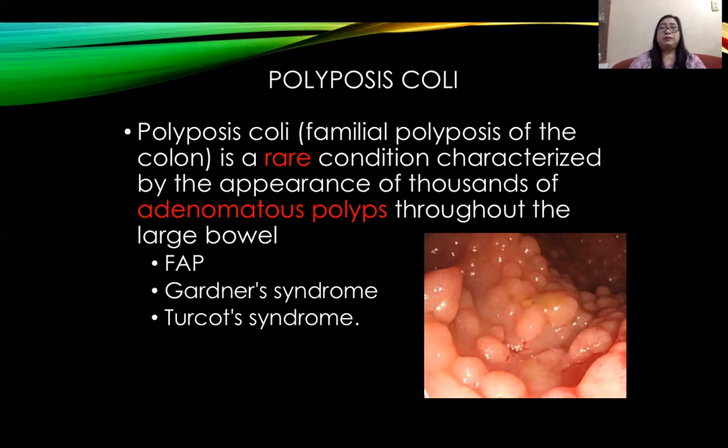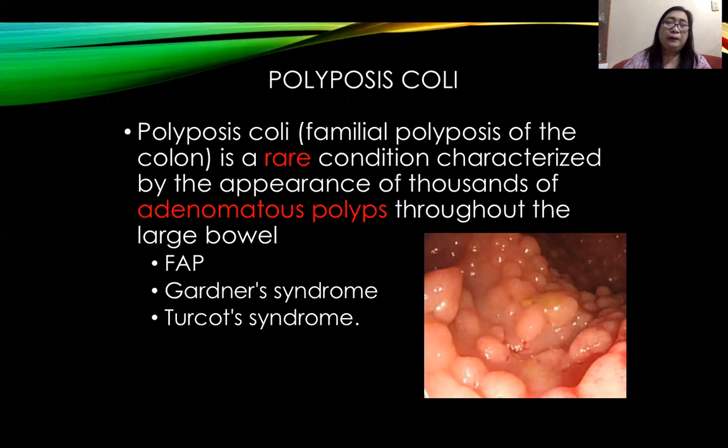Familial polyposis of the colon is a rare condition characterized by the appearance of thousands of adenomatous polyps throughout the large bowel, such as in the picture. Those are thousands and thousands of polyps in your large bowel.